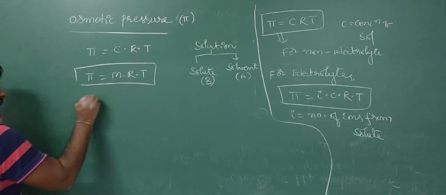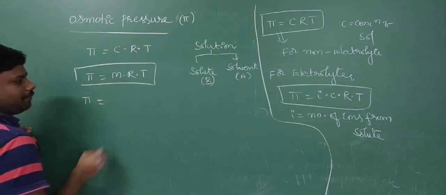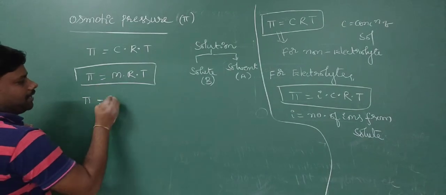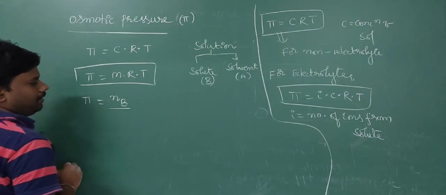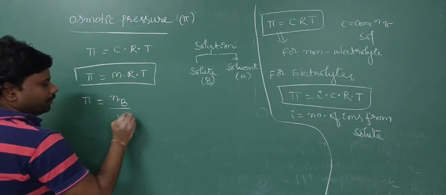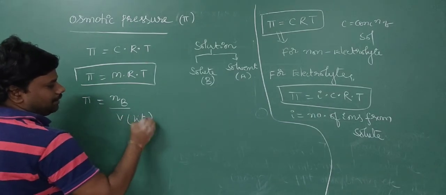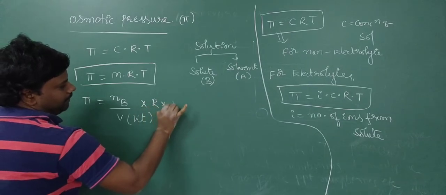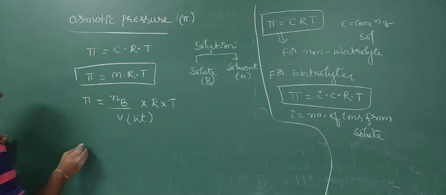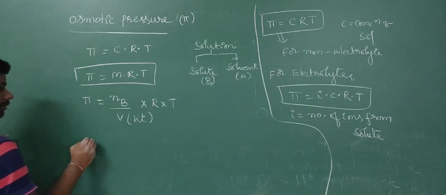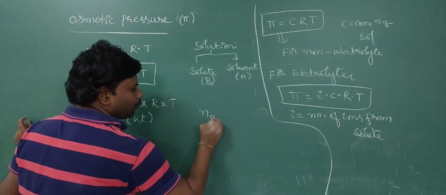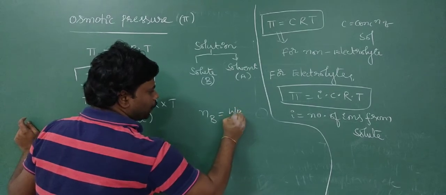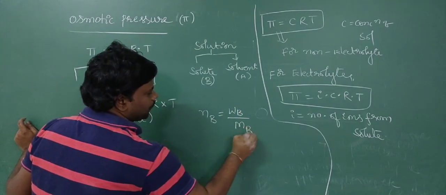Molarity is the number of moles of solute by volume in liters, so pi is equal to that into R into T. Now the number of moles of solute B is equal to the weight of solute by the molecular weight of the solute.